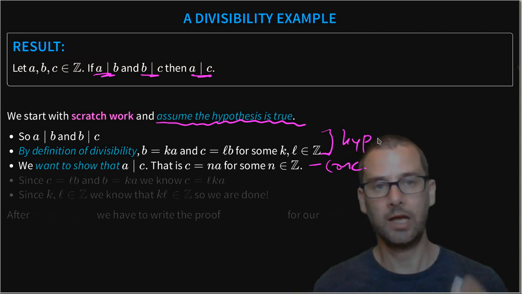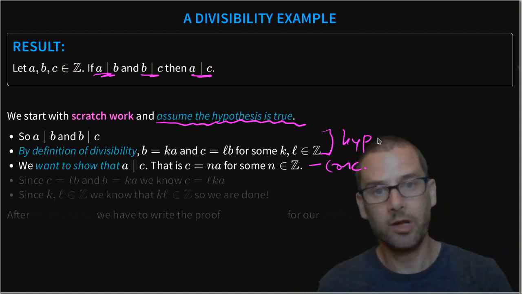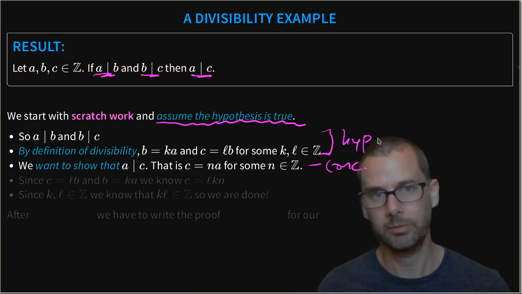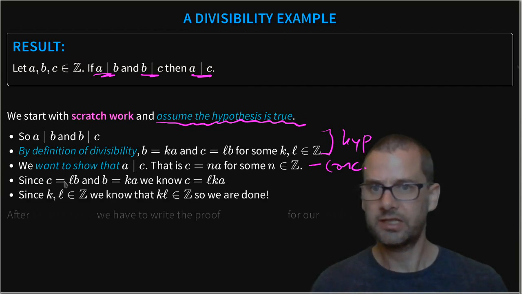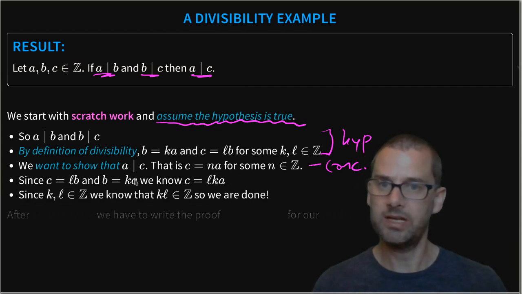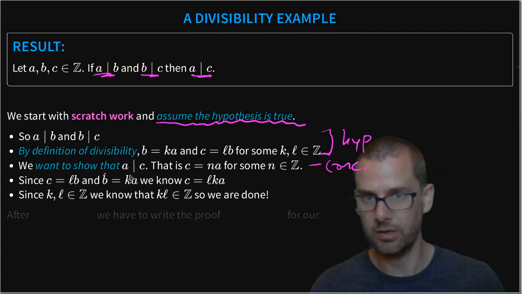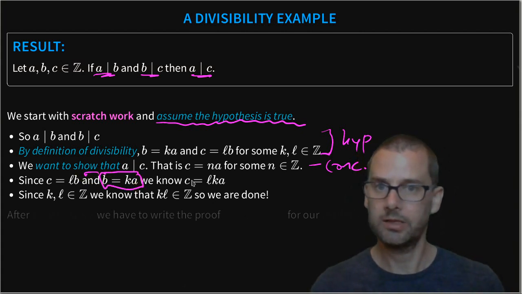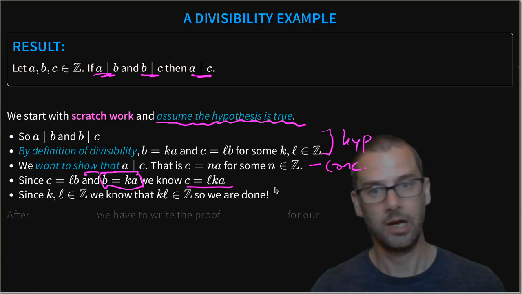So all we're doing is trying to understand what that means, what we can deduce from the hypothesis, and what we need to show for the conclusion. So we're just playing with the problem a little bit. Okay, well, since C is a multiple of B and B is a multiple of A, we can just put these together, substituting in B, which we know from here, into that expression there to get C is a product LKA.